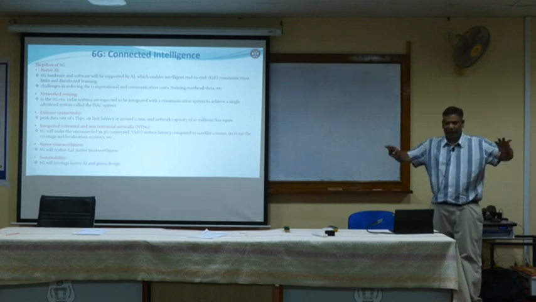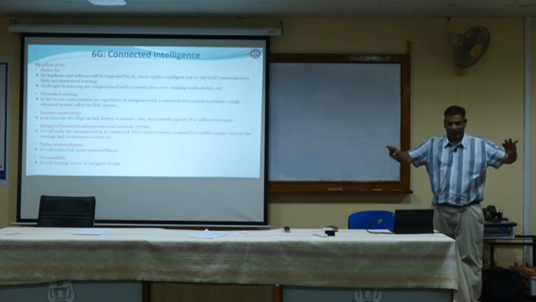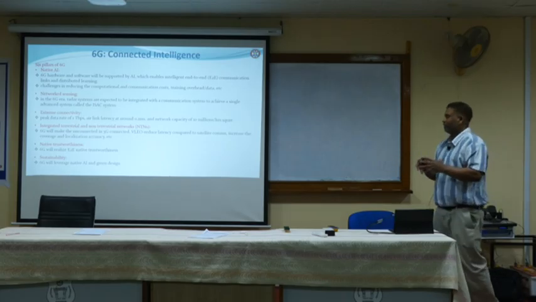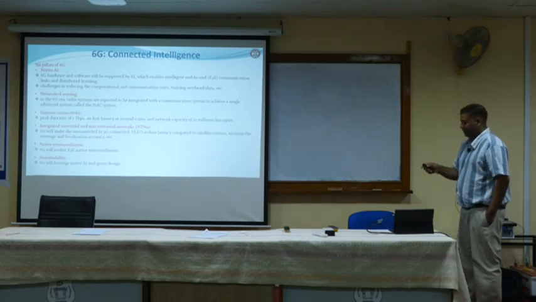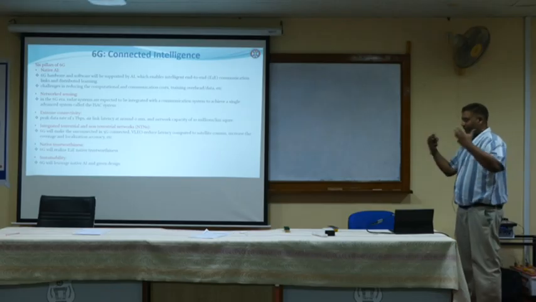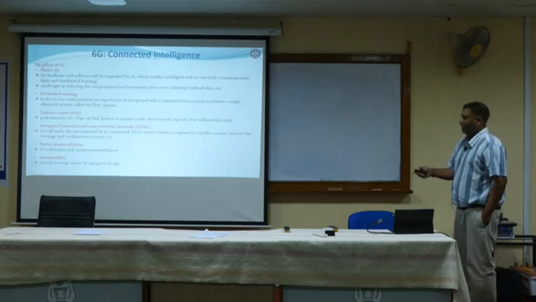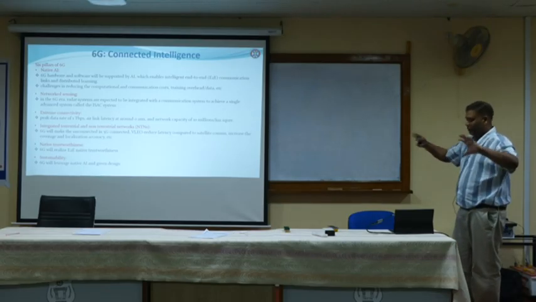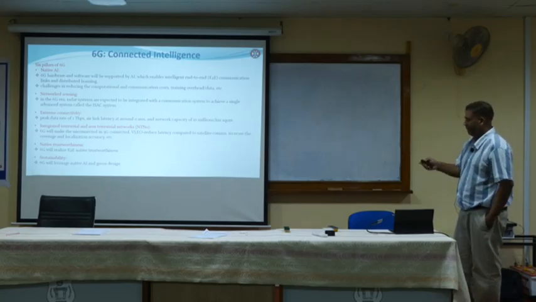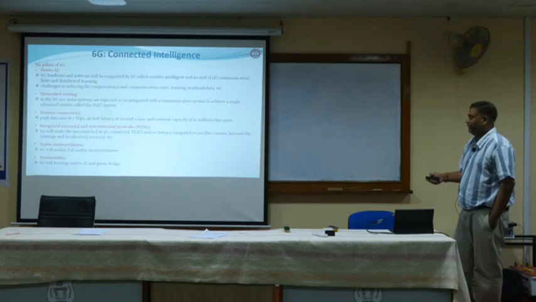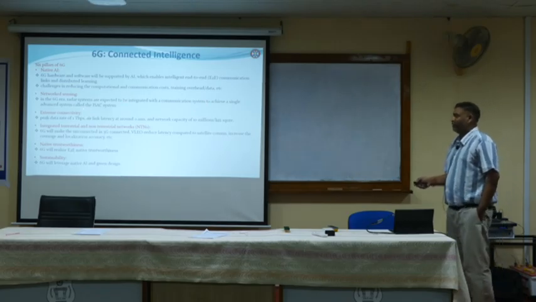They are currently disjoint systems. We would like to bring them together and share the spectrum and the hardware efficiently, rather than two separate hardware, two separate systems. That's the plan in 6G. In the 6G era, radar systems are expected to be integrated with the communication system to achieve a single advanced system called integrated sensing and communication.